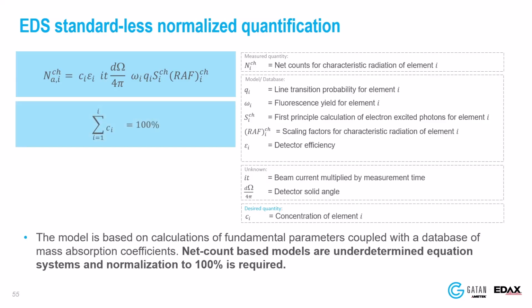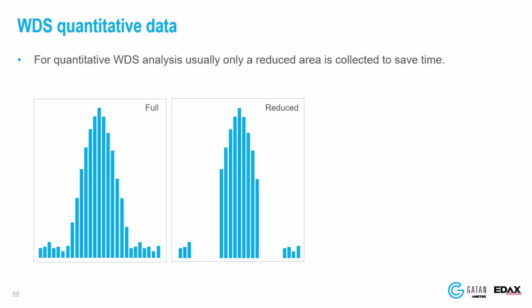When we measure the sample with WDS to perform quantification, we only measure a fraction of the full spectra. The full scan scans the full peak of interest, including some background positions. The reduced scan is used to save more time in the measurement and leaves out quite a fraction of signal and background locations.